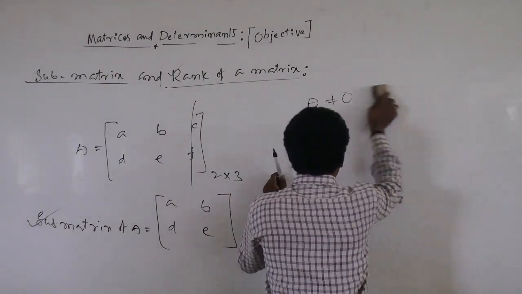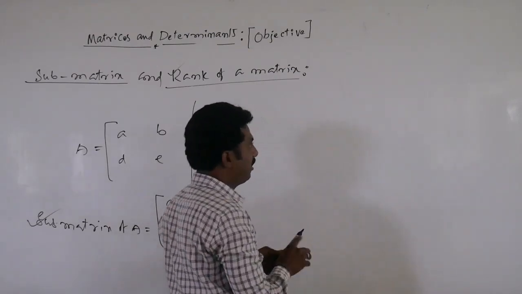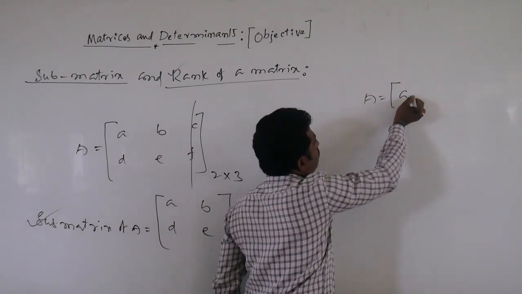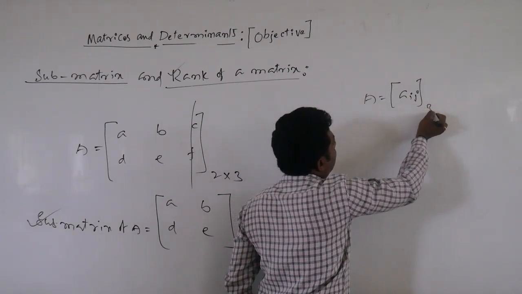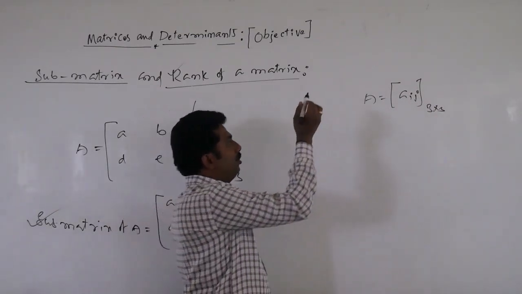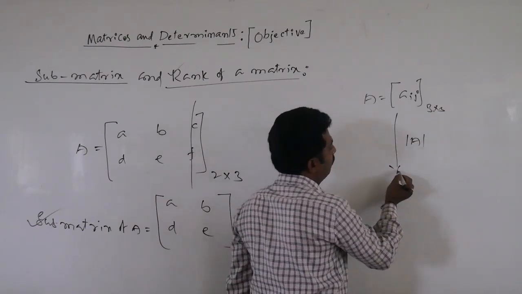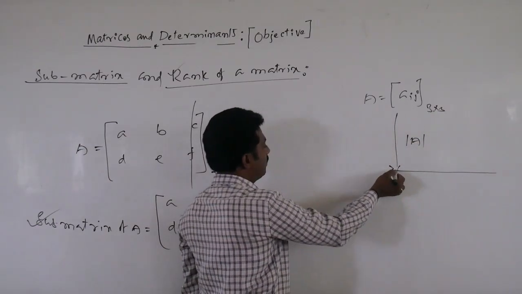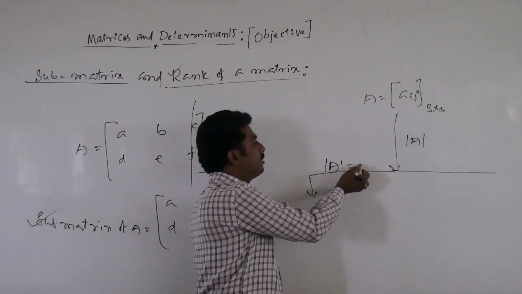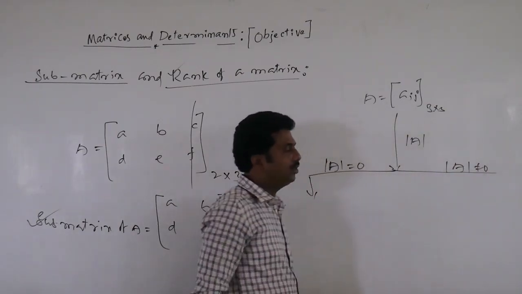You observe. Suppose A is a 3 by 3 matrix, A ij of order 3 by 3. So we have to calculate the determinant of A. Two cases arise: it may be 0, it may not be 0.